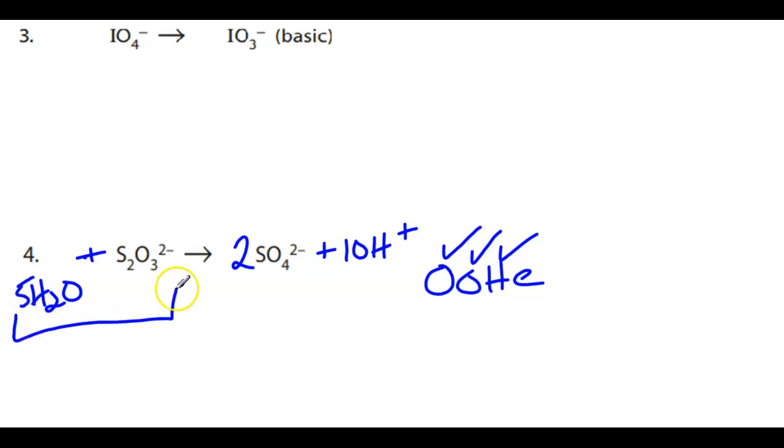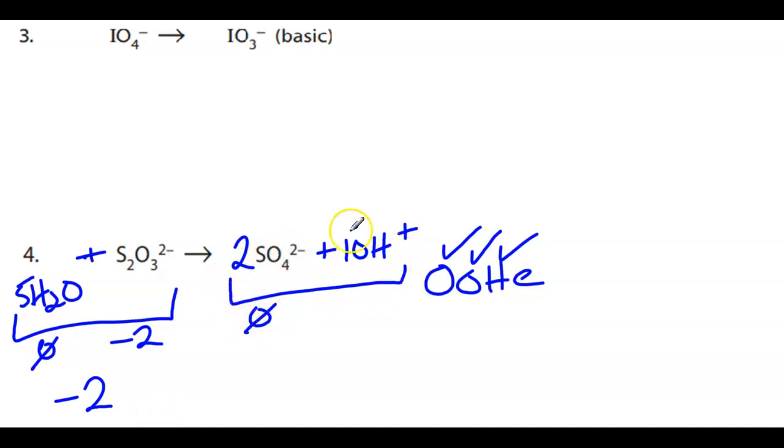So our reactant side, we have 0 from the water and -2 from our S2O3, so it's a total of -2. There are 2 -2s on the product side, so this is -4 from the SO4s, and then we have +10 from the 10 hydrogens.